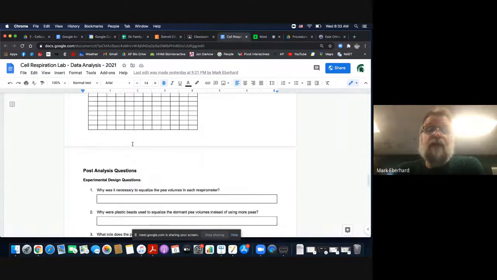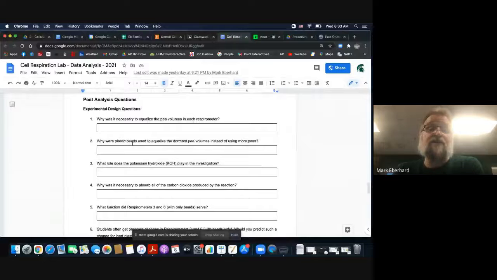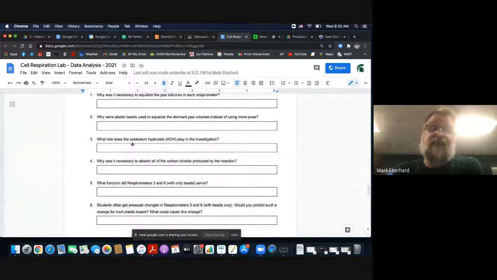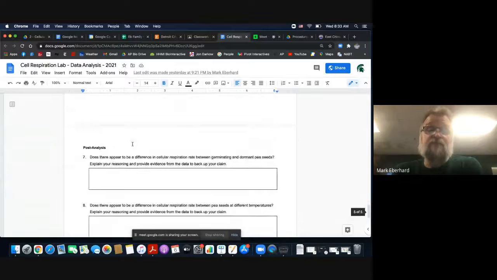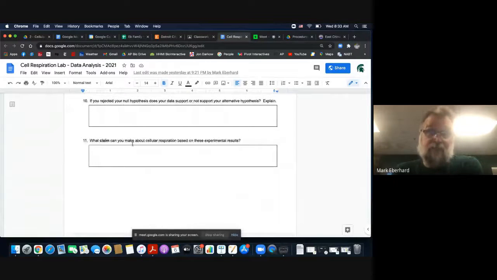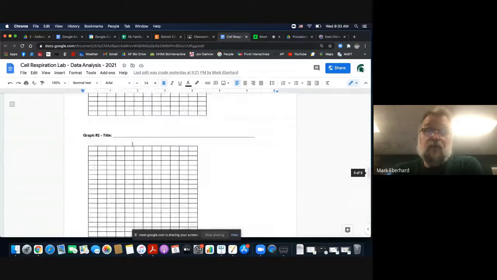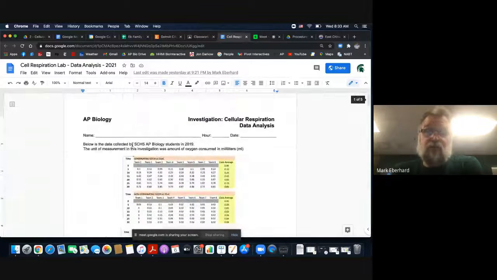And then there are some post-analysis questions, a little bit about the design of the lab, which I'm going to go through in just a moment. And there are some questions about the results of the lab. So this is the document you will be completing before coming back to class on Friday.